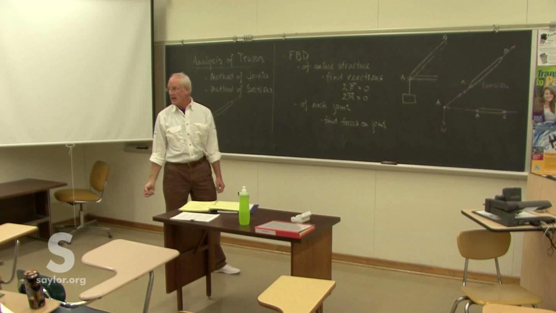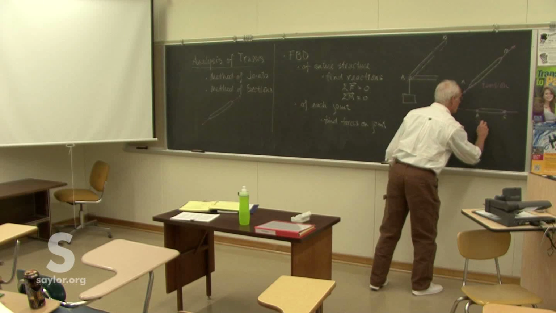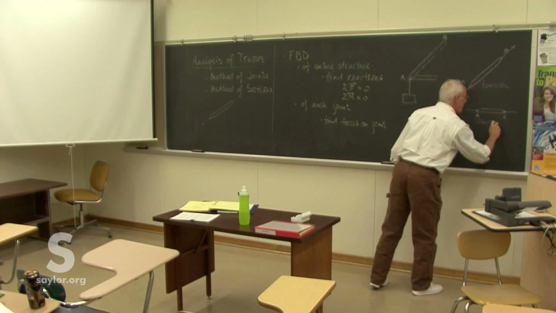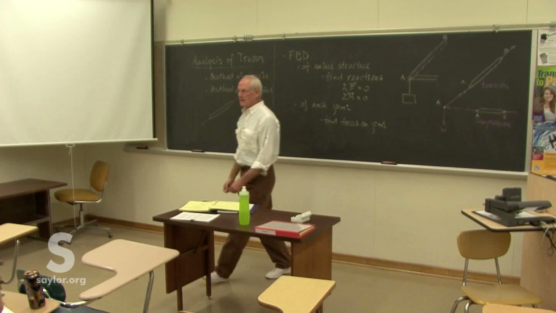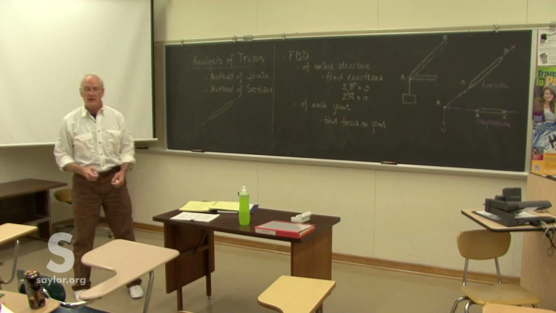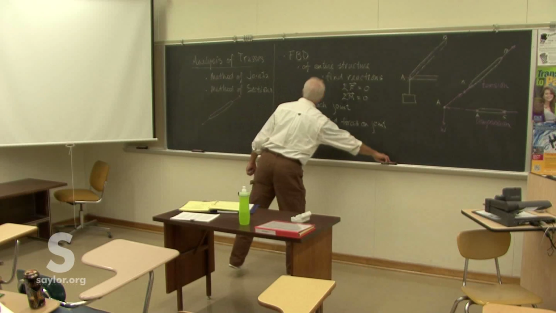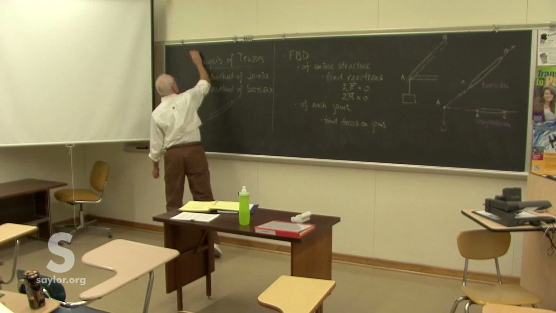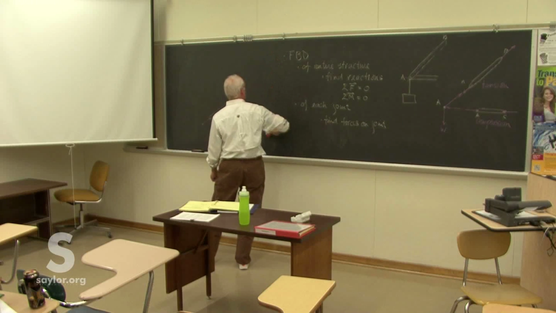We need to know that because that's part of the design of each of the members when we get to that. You can do very different things designing a member that's in tension and other things to one that's in compression.